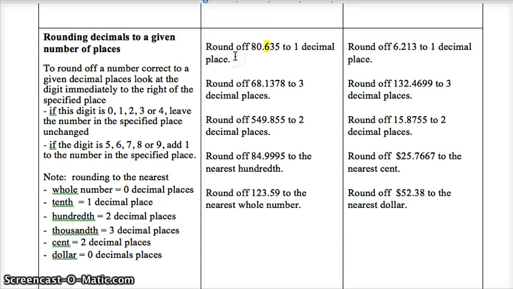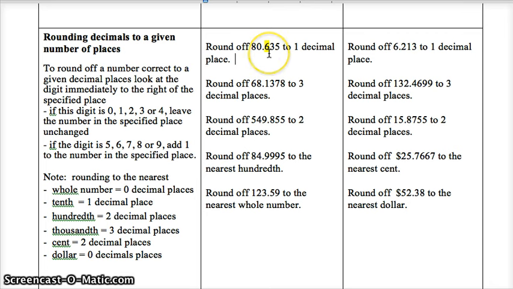Remember, decimal places are the decimal part of a number that starts after the point. So that 6 is the first decimal place, the 3 is the second decimal place, and the 5 is the third decimal place. So if I want to round this to one decimal place, I've highlighted my first decimal place and I have to decide, does this 6 stay as a 6 or does it go up to a 7?